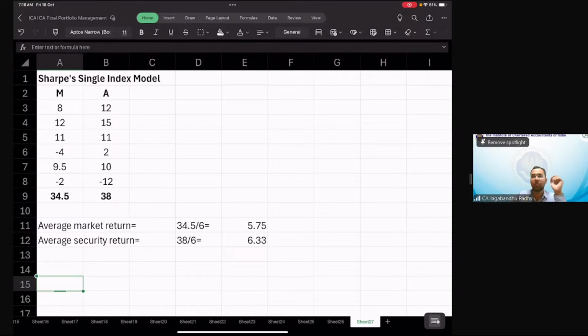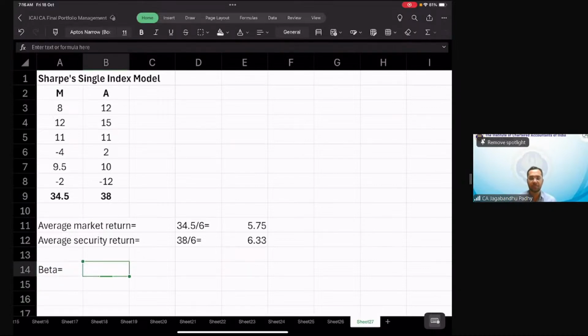The second step is to calculate the beta, or the slope of the line. To compute the slope of the line, we have to use the beta formula. Now, how do we go about calculating the beta? We have seen the formula for beta.